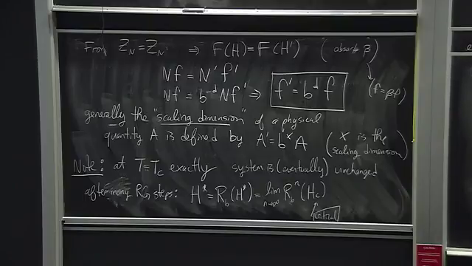Let's do a specific implementation of the 1D Ising model. So my reduced Hamiltonian can be written like this.